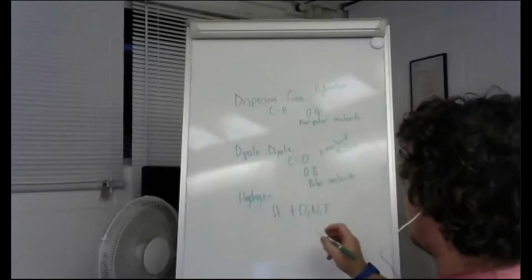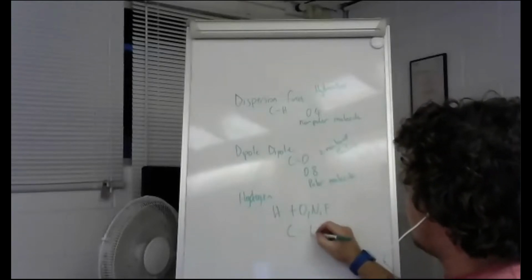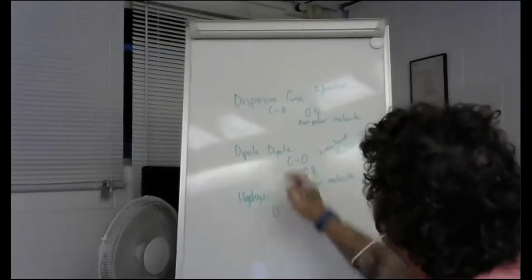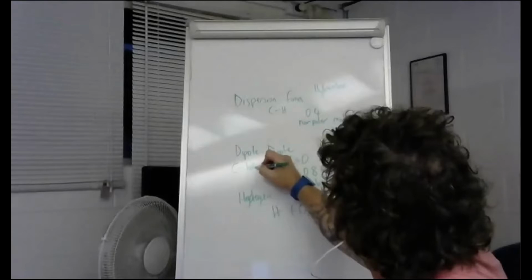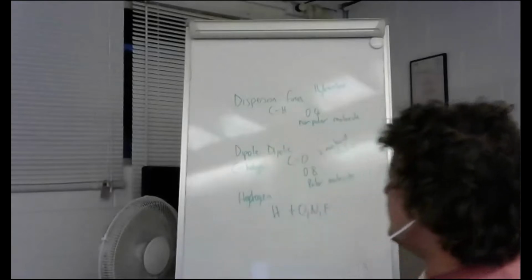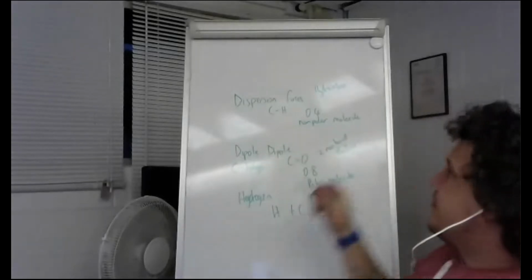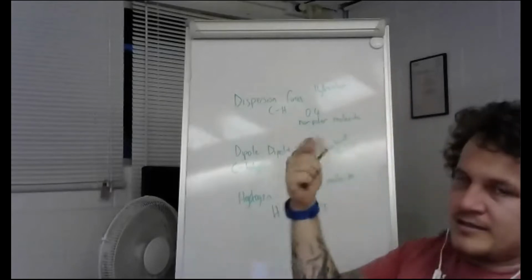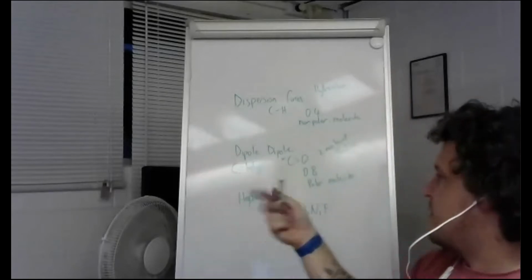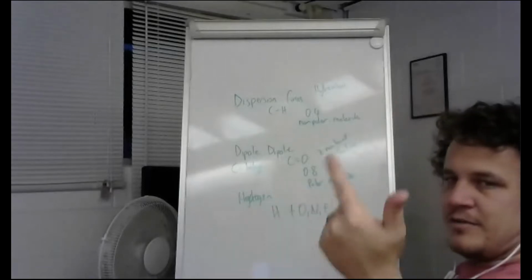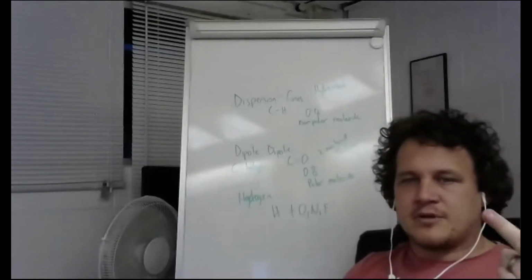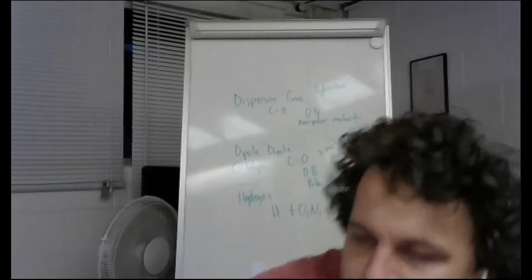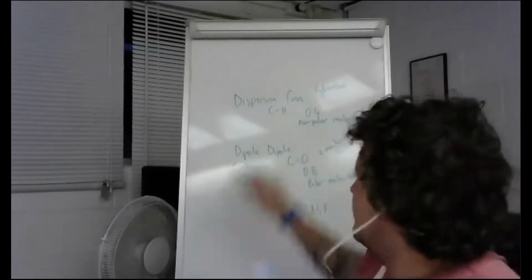We also get it when we have carbon bound to a halogen. Oh no, never mind me. Carbon to halogen is a slight dipole bond. So, dispersion forces on the hydrocarbons. Dipole-dipole are your esters, ketones, and aldehydes. Hydrogens, amine, amide, carboxylic acid, and alcohols.